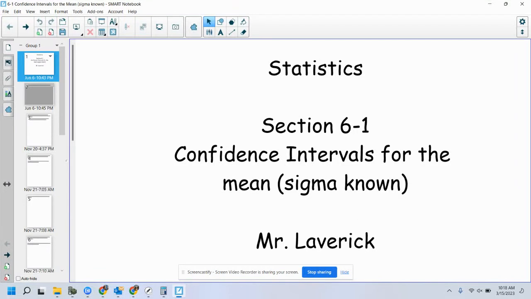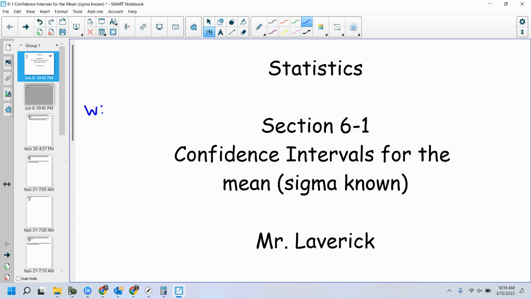Welcome back, everyone. So this is section 6.1, confidence intervals for the mean, sigma known. Okay, so just to give you a rundown of this week. Today is obviously Wednesday. Wednesday we are going to do section 6.1.